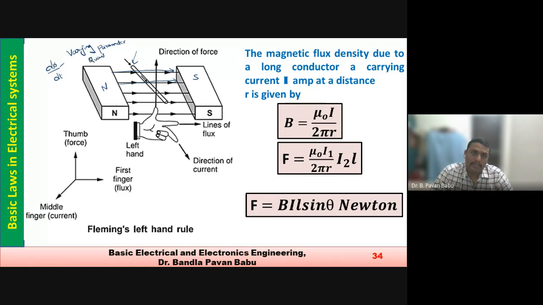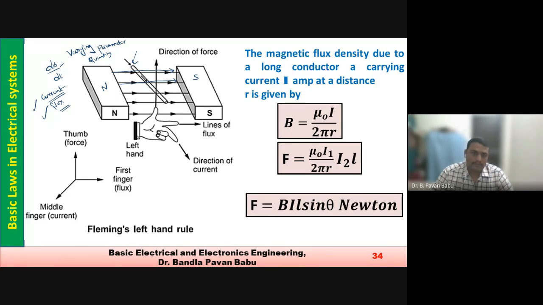That quantity may be current, or it may be flux. Either of these two quantities must be variable. Only then will EMF be developed, and again, force will be developed. These two are very important because one defines the motor rule, the other defines the generator rule.